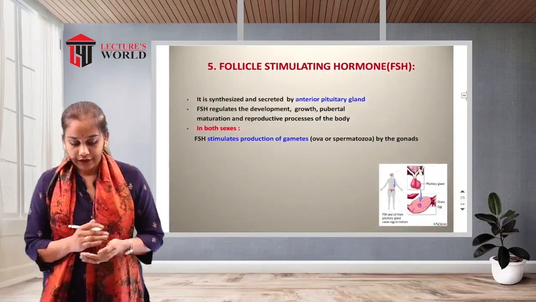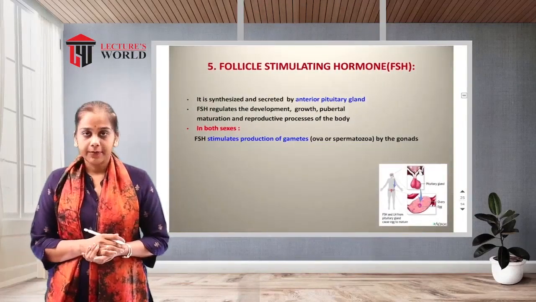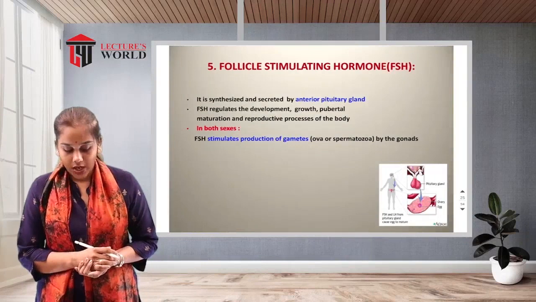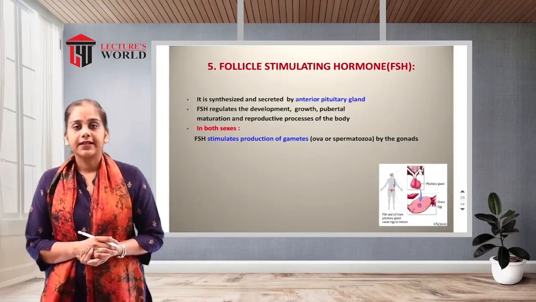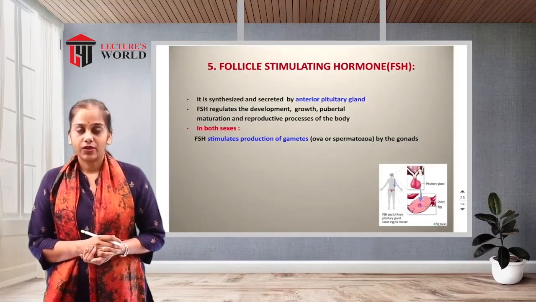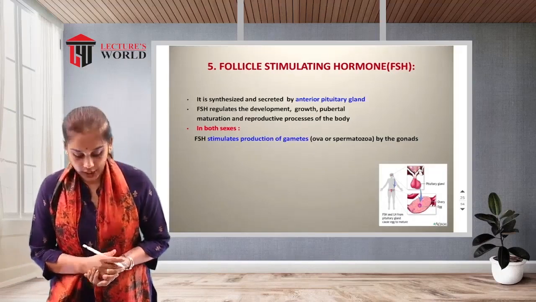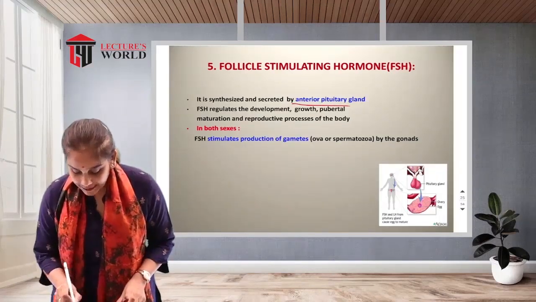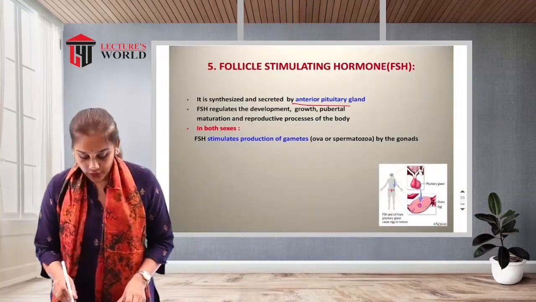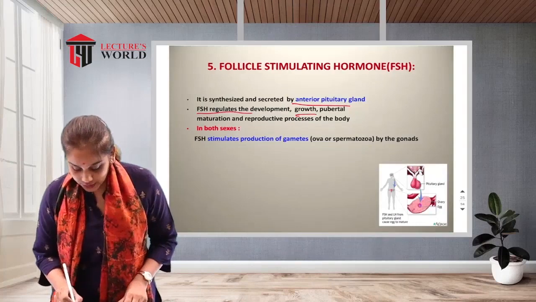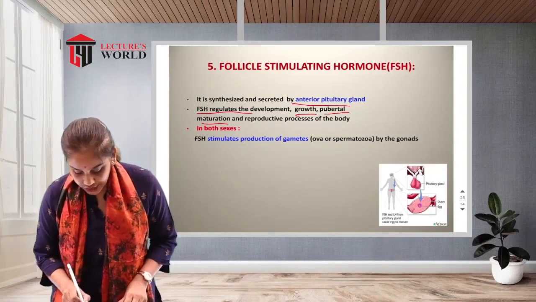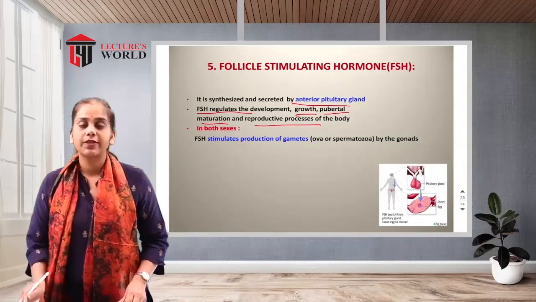Then the fifth hormone of the anterior pituitary gland is known as follicle stimulating hormone, represented as FSH. It is synthesized and secreted by the anterior pituitary gland. FSH regulates the development, growth, pubertal maturation, and reproductive processes of the body.